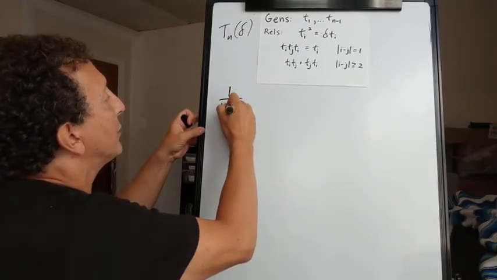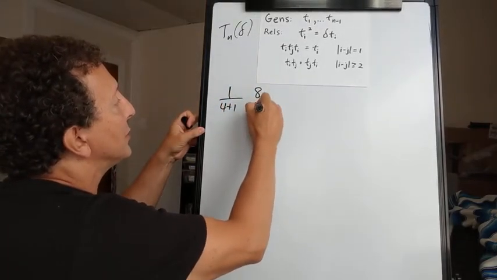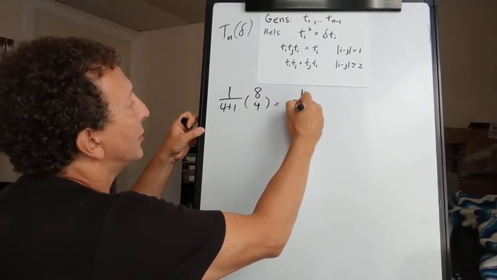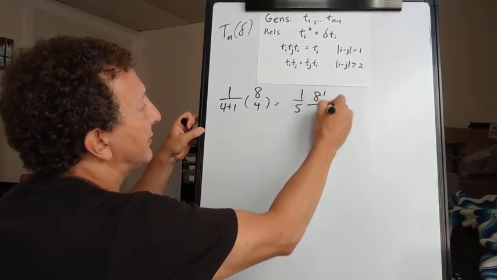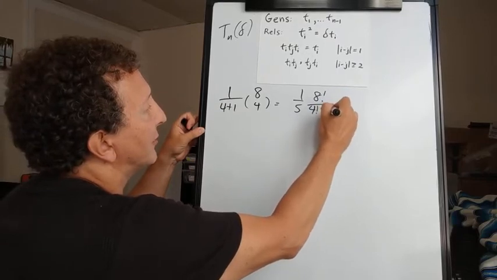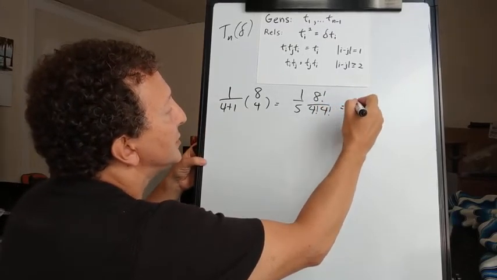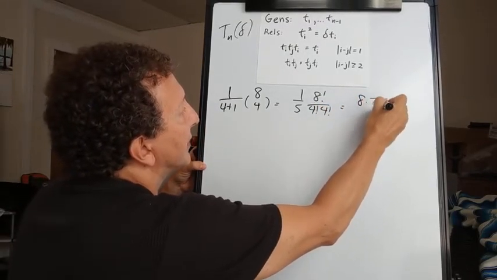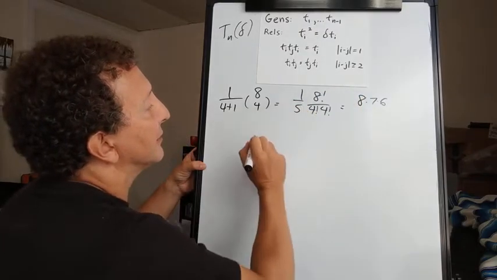So 1 over 4 plus 1, 2 times 4, choose 4, is 1 over 5 times 8 factorial over 4 factorial, 4 factorial, which is 8 times 7 times 6. Don't need the 5 because it cancels this 5.